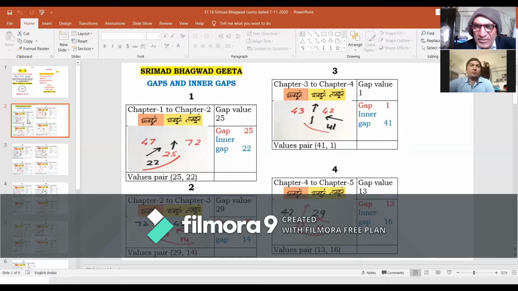Lord Vishnu is the overlord of 6 space. This values pair 25 and 22 together bring us face to face with Lord Vishnu and the format of hypercube 6.